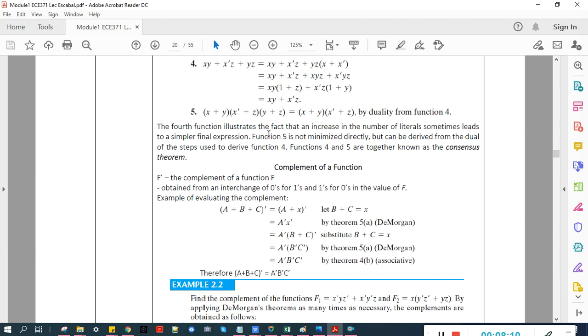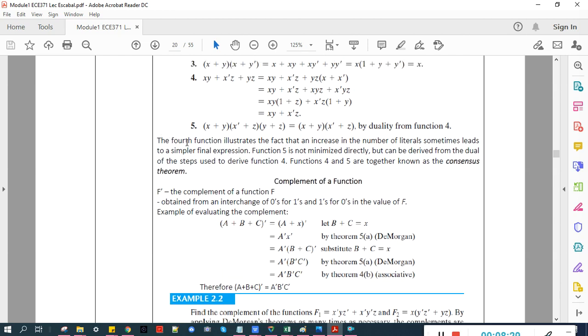The fourth function illustrates the fact that an increase in the number of literals sometimes leads to a simpler final expression. The author is referring to this case here, where he multiplied by an identity, which is x + x', equal to 1. It leads to a simpler function expression.